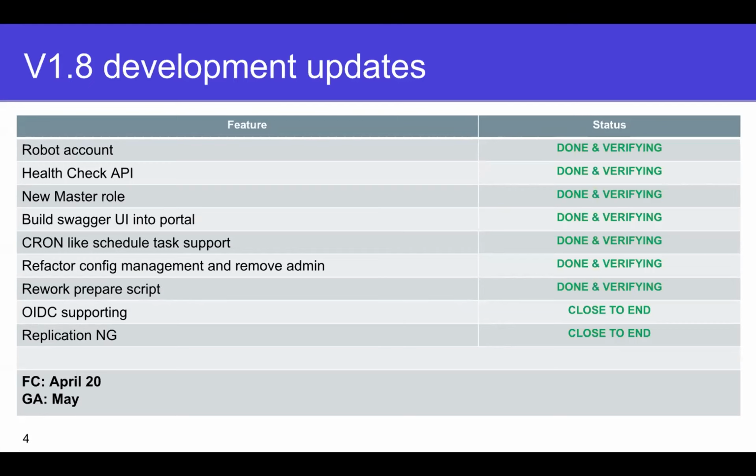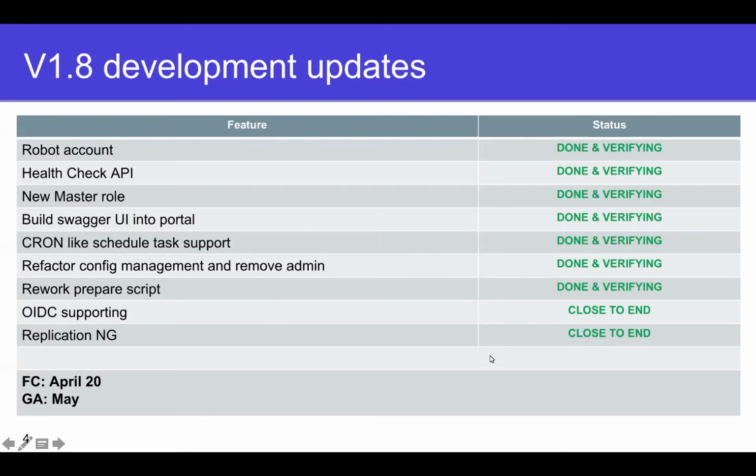Now we are working on improving the quality, fixing bugs, and implementing some adapters to support replicating Harbor across to other non-Harbor registries. So in 1.8, we'll support Docker Hub and the native Docker registry. I think the overall status is close to the end. Maybe we can mark it done in the next several weeks.